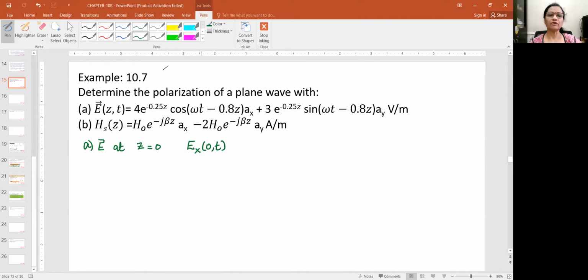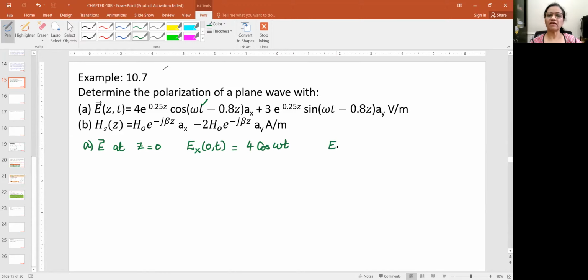That is the first component. That will be 4 e to the power of 0, so I need not even write that term, and then cos of omega t, along the ax cap direction.